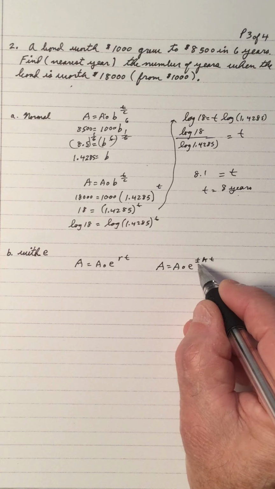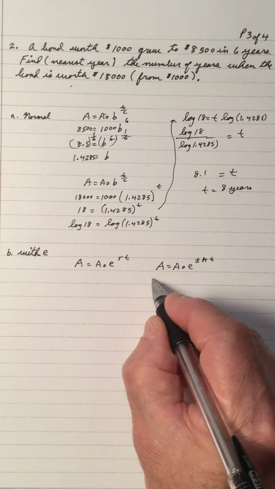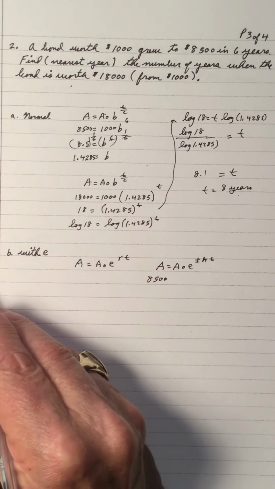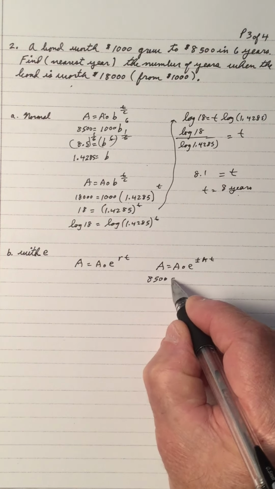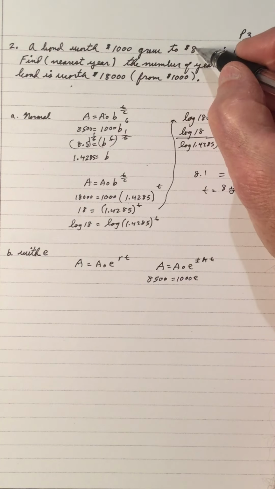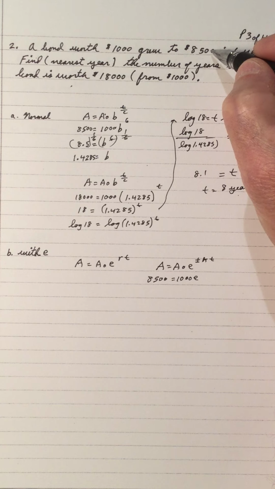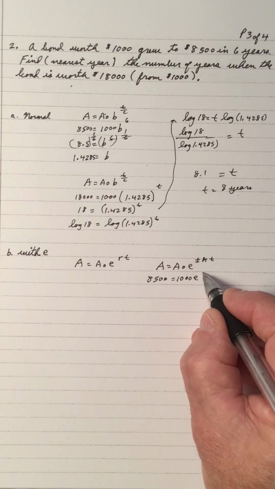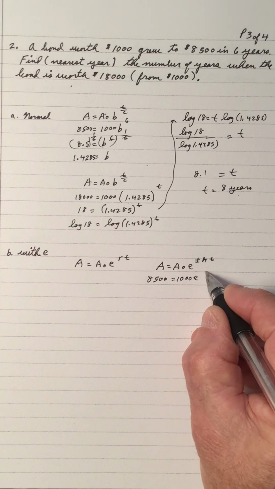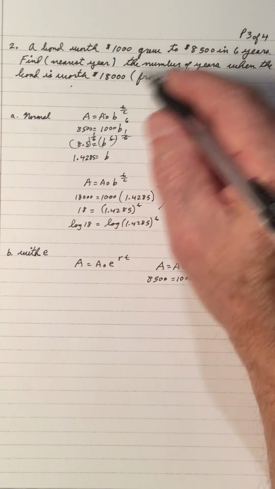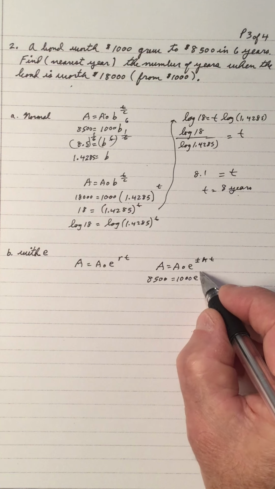It's very important. So looking at this equation, the initial is 1,000, going to 8,500 in 6 years, and it's a growth.